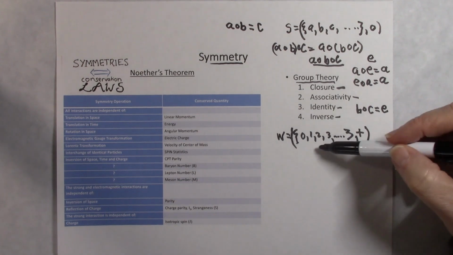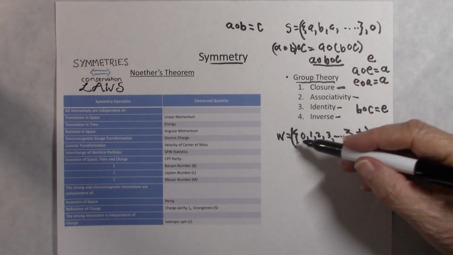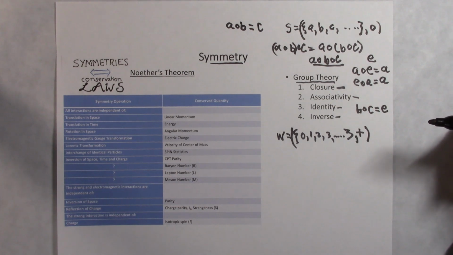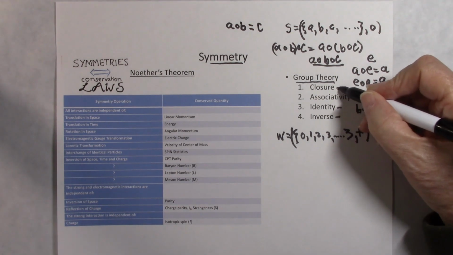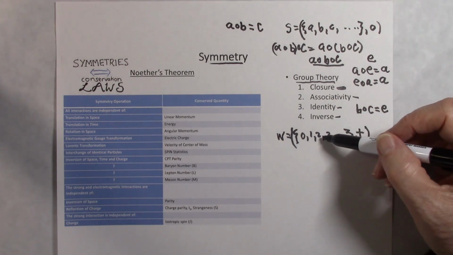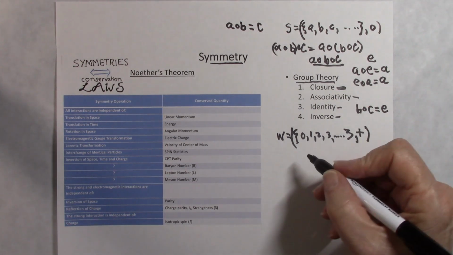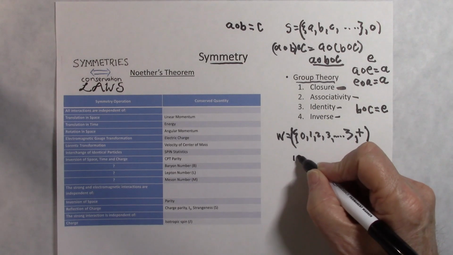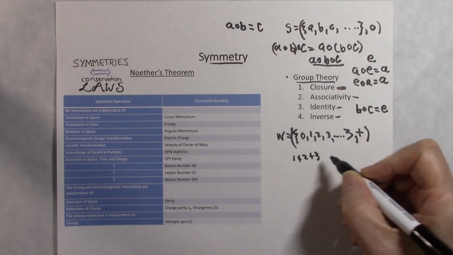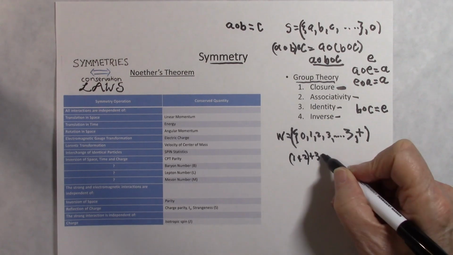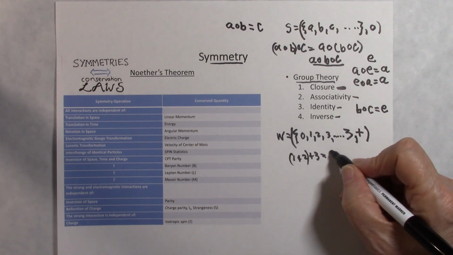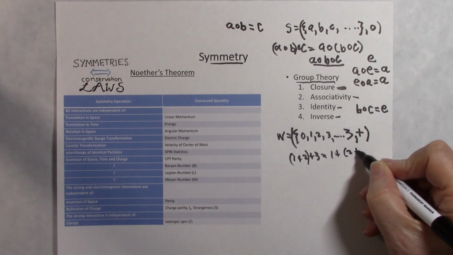So let's see. We'll call this set the whole numbers. If we add any two whole numbers together, do we get a whole number? And the answer is yes. Closure is satisfied. If we associate, if we do something like this, is (1 + 2) + 3 equal to 1 + (2 + 3)?